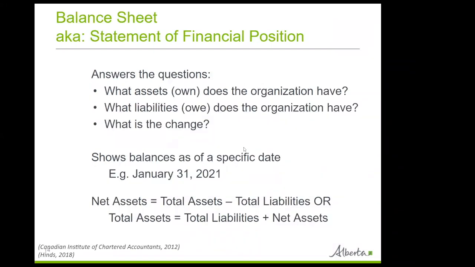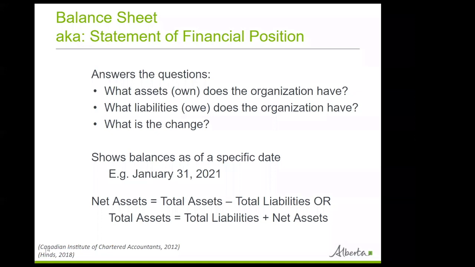The balance sheet is also known as the statement of financial position. Balance sheets answer the questions, what assets does the organization have, or what does it own? What liabilities does the organization have, or what does it owe? And what are the changes between balance sheets from different dates? Balance sheets usually show balances as of a specific date, for example, January 31st, 2021.